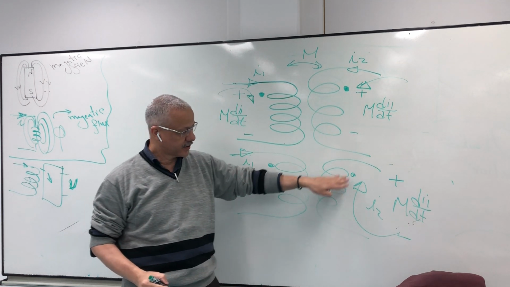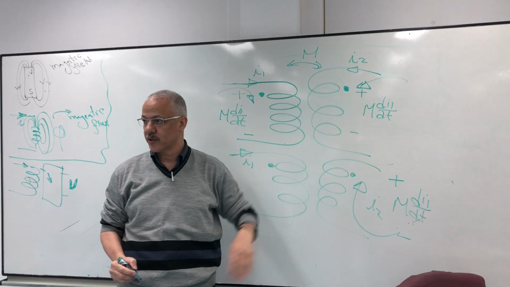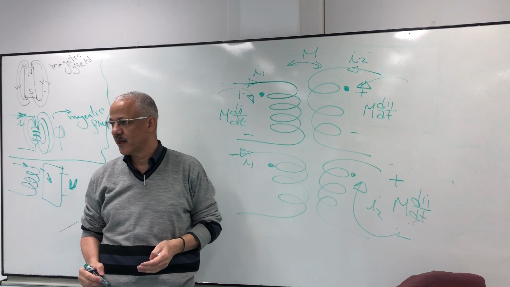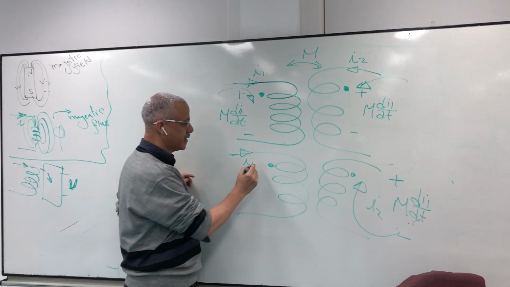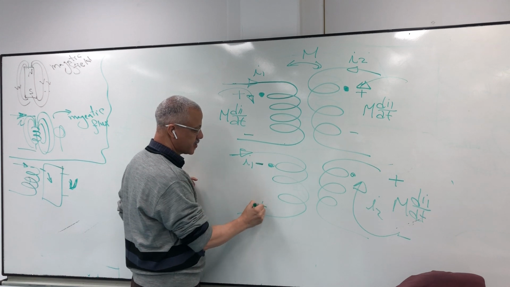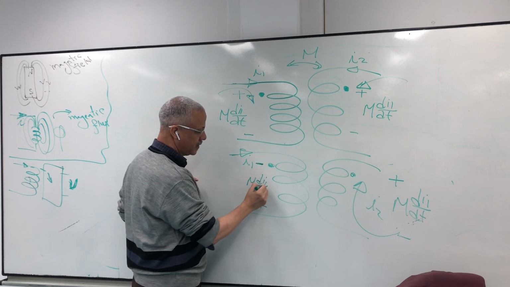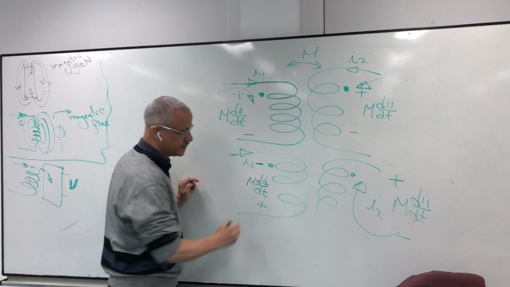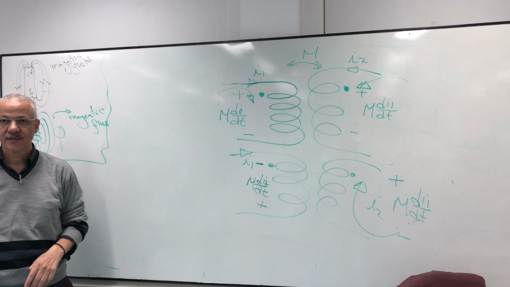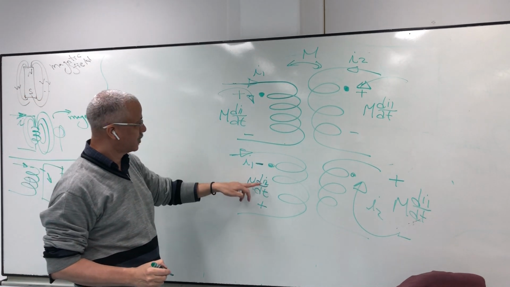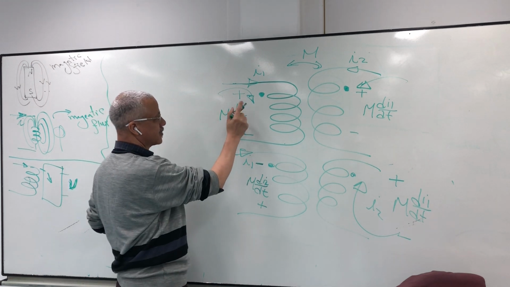Here, does the current enter or leave the dot? Leave. What does it mean, leave? Negative. So put negative here. So negative, M dI2 by dt. The top one is di2. Yes, correct.